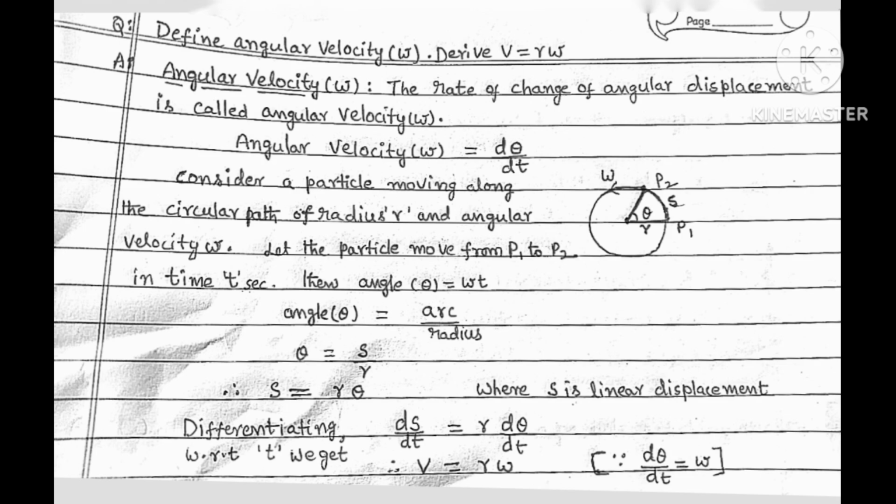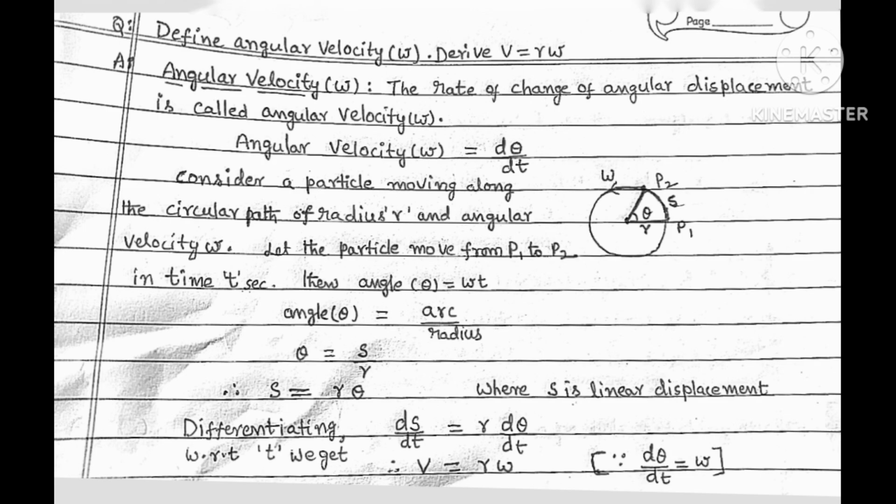From the diagram, angle theta equal to arc s by radius r. From that we get s equal to r theta, where s is linear displacement.